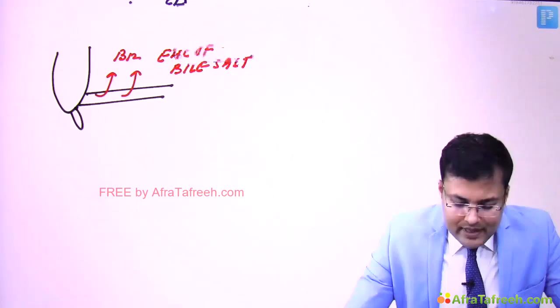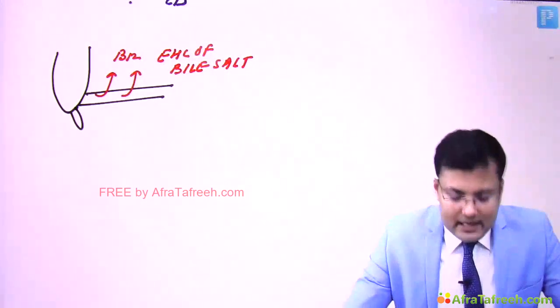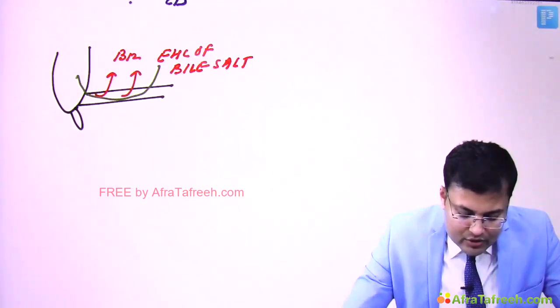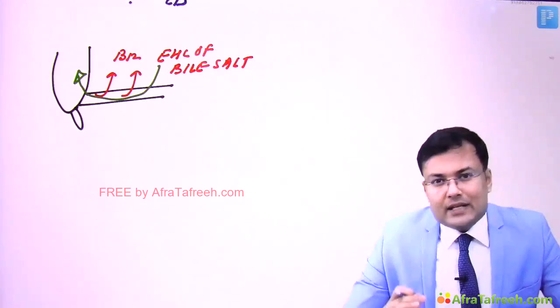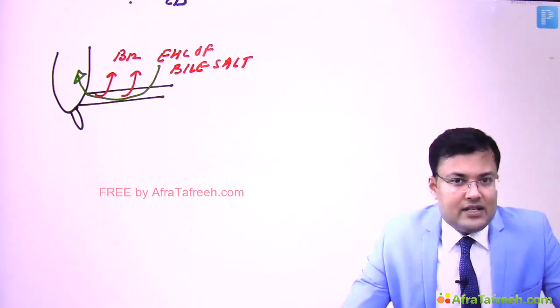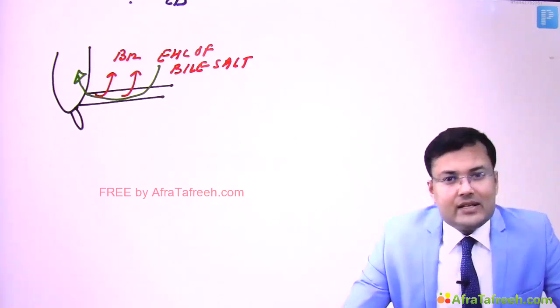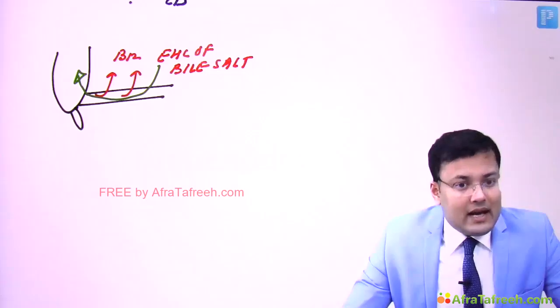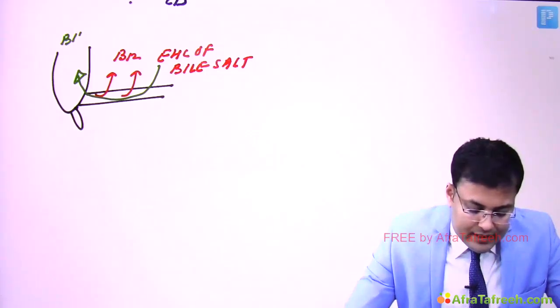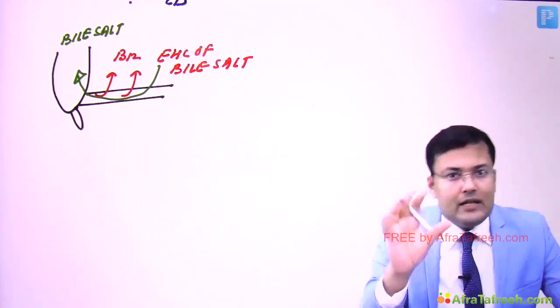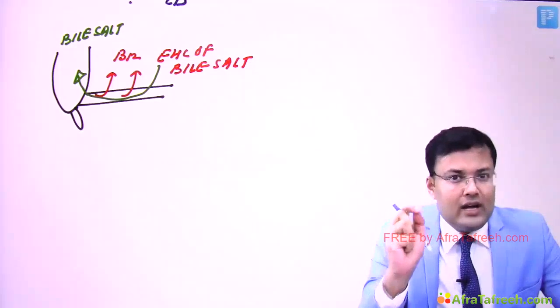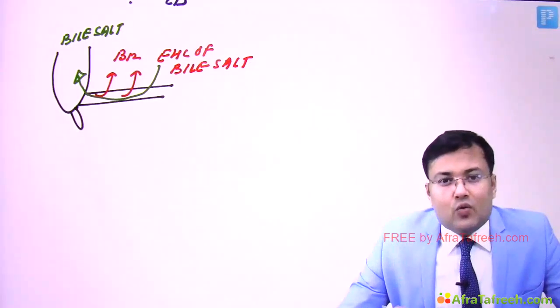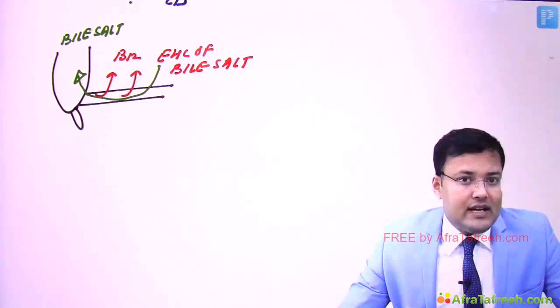If there is impaired enterohepatic circulation, the bile salt is not going to be absorbed. And if there is bile salt deficiency, these patients have increased risk of which stone? Cholesterol gallstone.